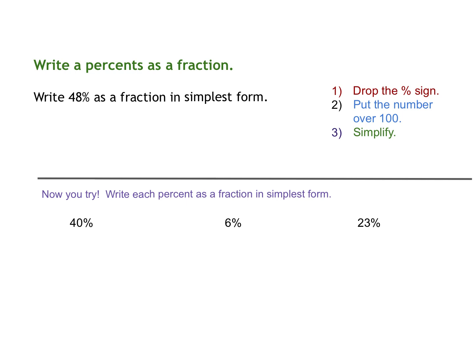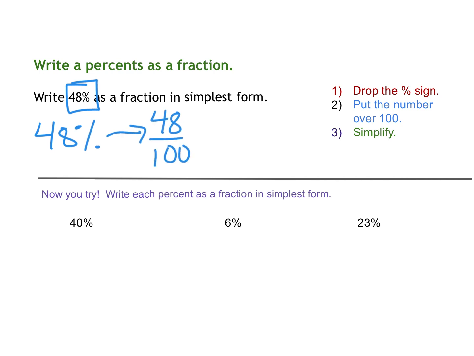And then what about when we have a percent and we want to make it a fraction? So 48%. So if we go backwards, 48% would be the same as 48 hundredths, because again, remember, percent is per hundredth.